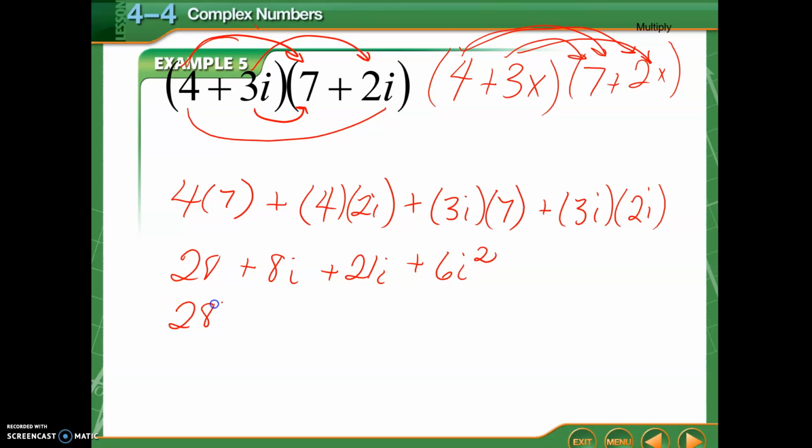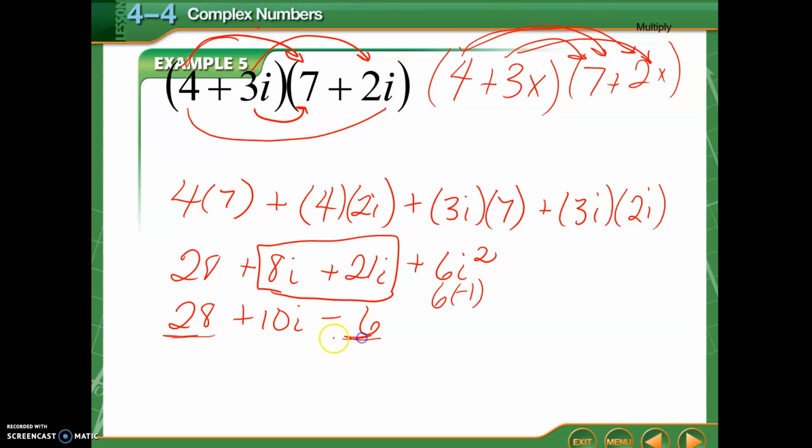So 28, put these two i's together because they're both imaginary numbers. So plus 29i, and then 6 times i squared is the same as 6 times negative 1, so minus 6. Then I can put these two real numbers together. So 28 minus 6 is 22 plus 29i.